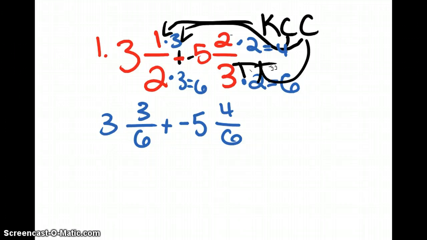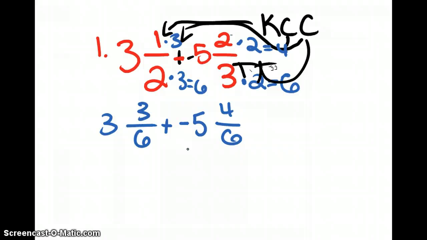So first what we're going to do is I like switching it around in my head. You can do this, but I like just doing it in my head, since you know that 5 and 4/6 is bigger than 3 and 3/6.